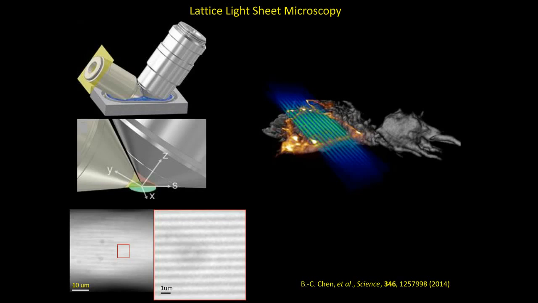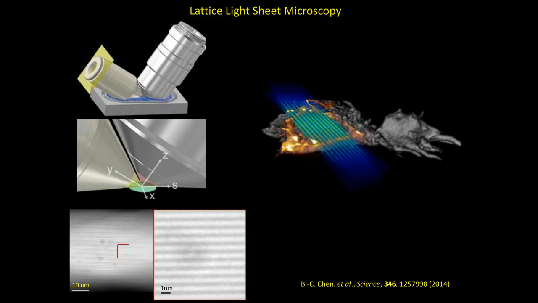So you can see we scan the sample, and the beam, this plane, doesn't move, and this plane is a wide field plane, so it can be captured by the camera. The camera will see a series of 2D TIFF data, and then we can stack all the 2D TIFF data to get 3D data for one time point.